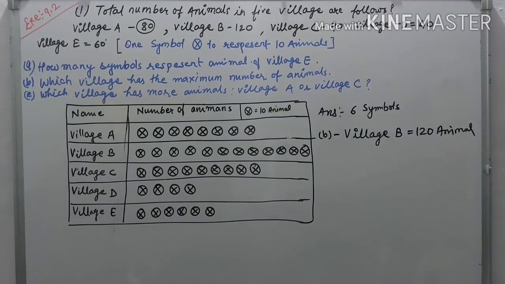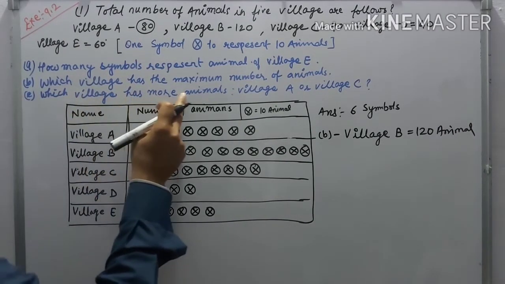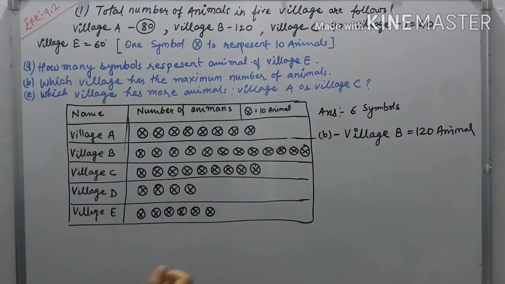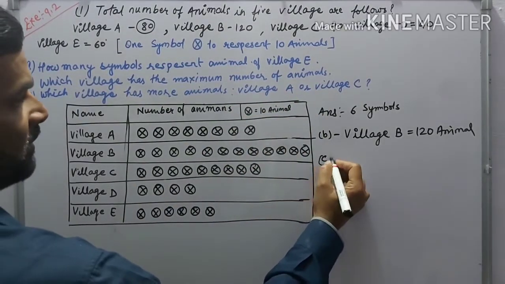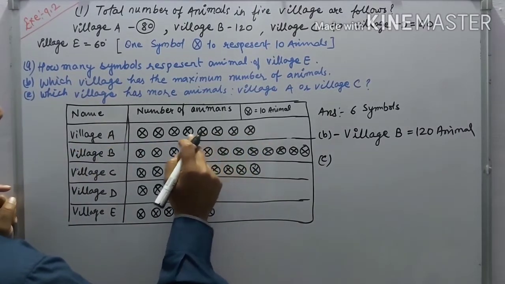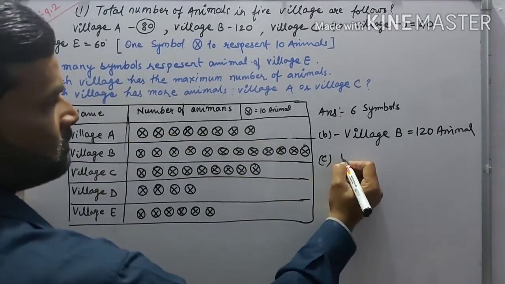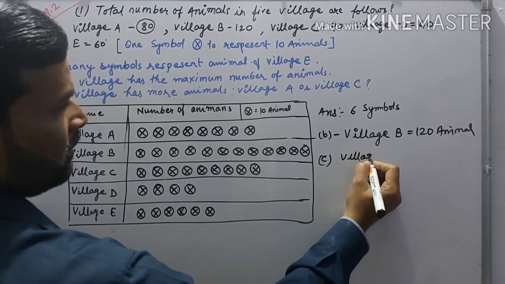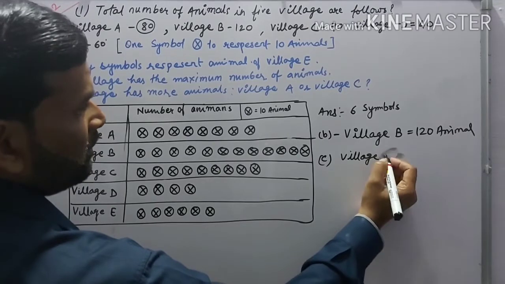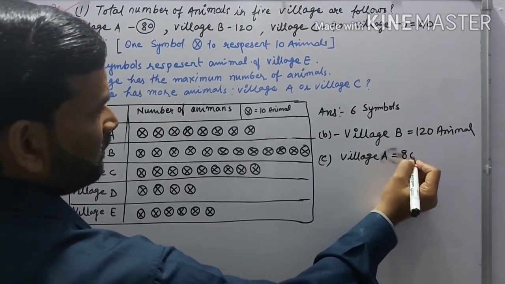Okay. Next: which village has more animals, village A or village C? So for the answer, village A is 1, 2, 3, 4, 5, 6, 7, 8, that is 80 animals.